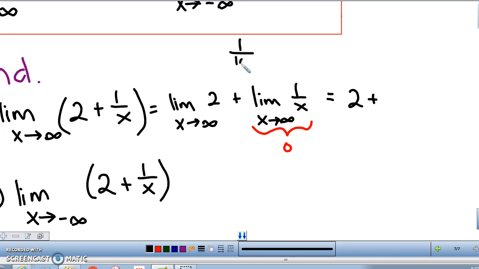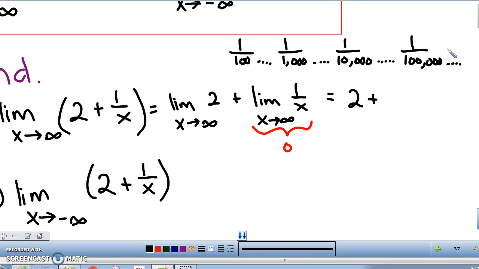So let's say 1 over 100, and then 1 over 1,000, 1 over 10,000, 1 over 100,000. This thing's approaching 0. So the limit of 1 over x as x approaches infinity is 0. So we get 2. Okay, this is a horizontal asymptote. The function 2 plus 1 over x has a horizontal asymptote at 2 as x approaches positive infinity.